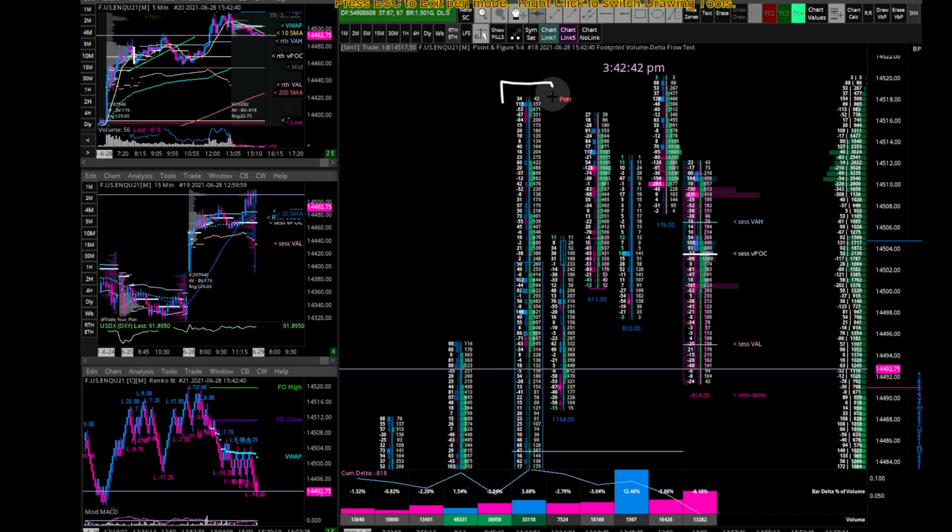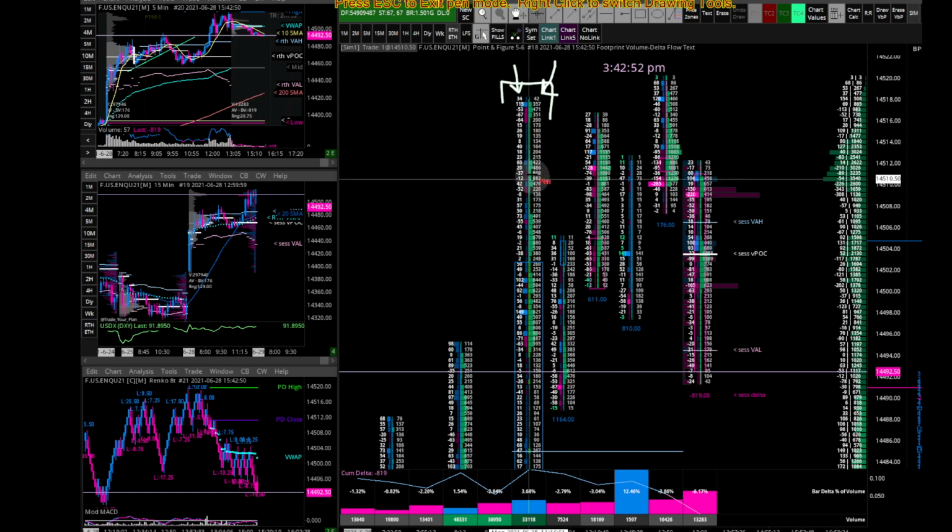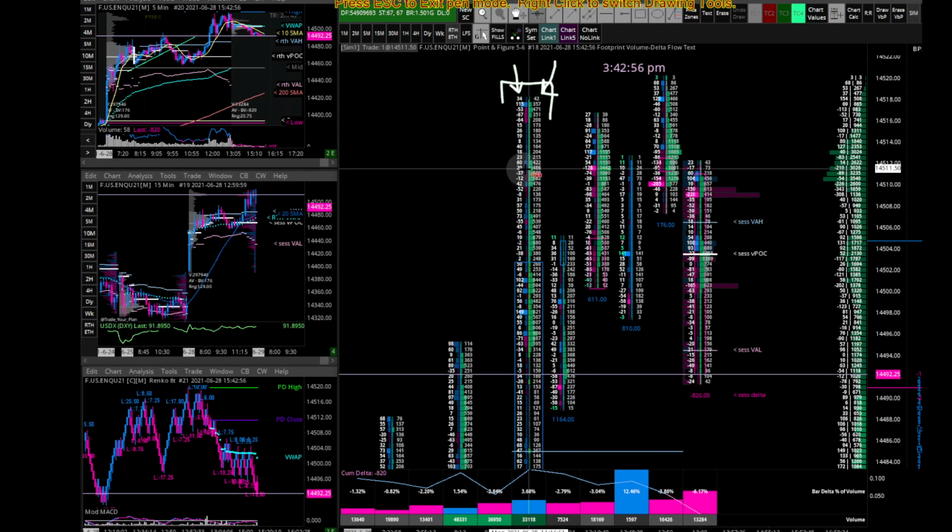Looking at this little bar here, the left side is net delta, the right side is volume. And the length of these bars is relative to all visible bars on this screen.